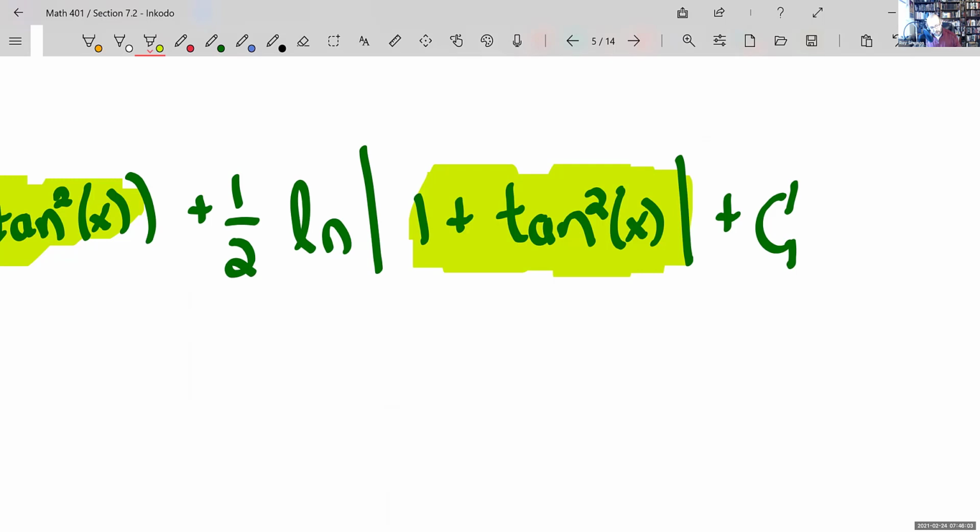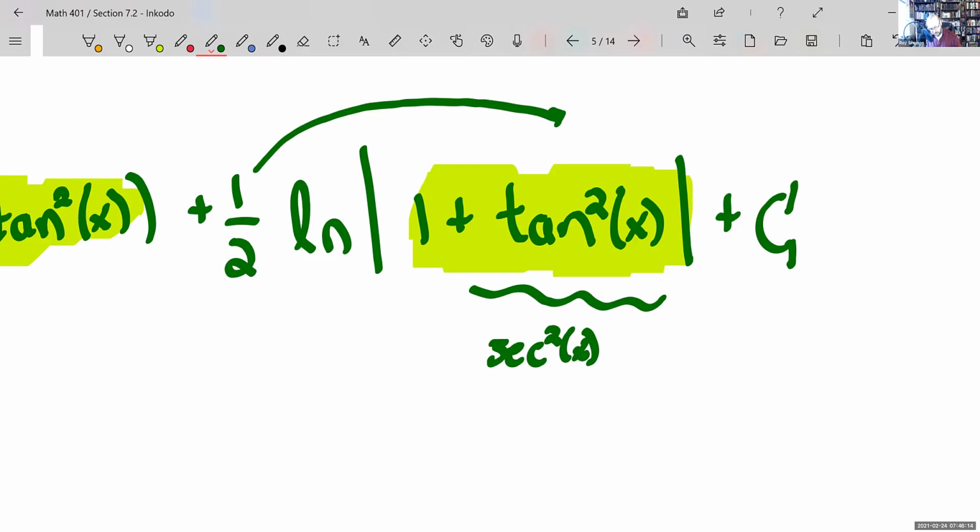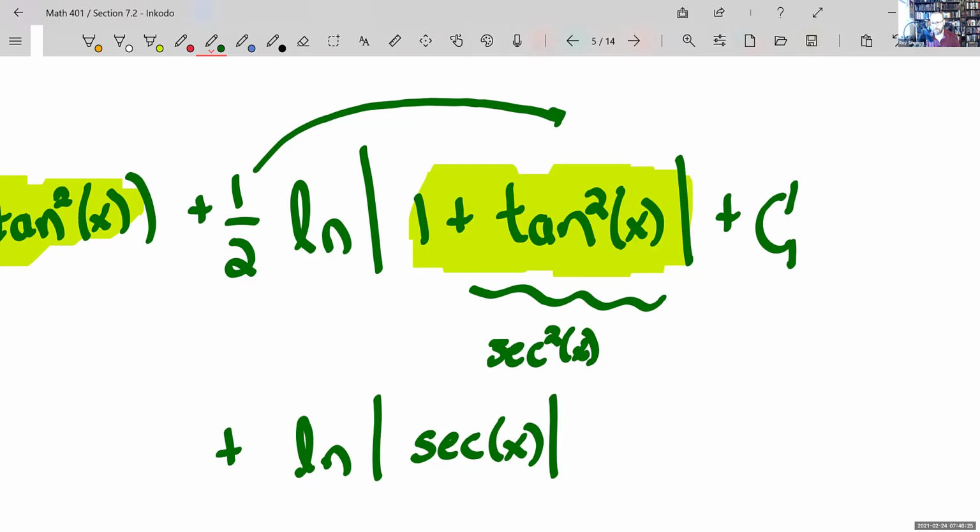Well, when you change it out for a secant squared, and you drag the 1/2 power up to where it becomes the natural log absolute value of secant squared to the 1/2 power, or secant, you no longer know if that secant is positive or negative. So you might as well keep those absolute values on there. You're always safe with an absolute value.